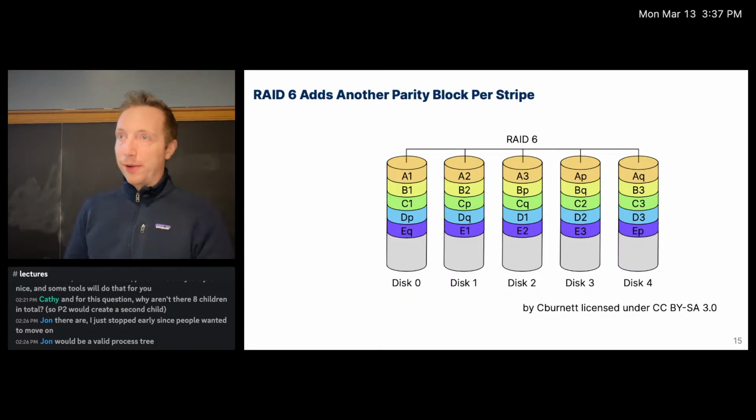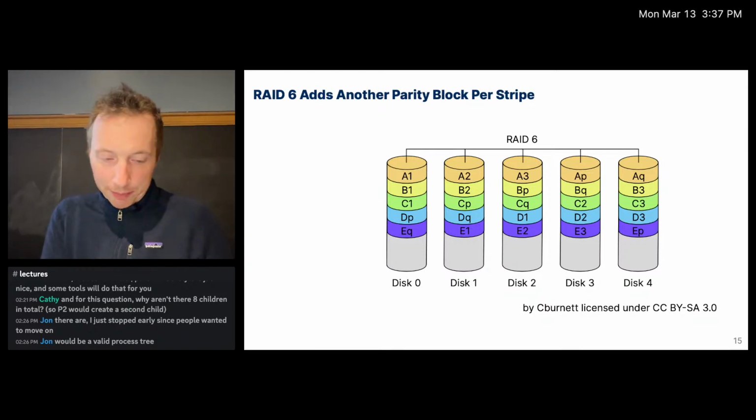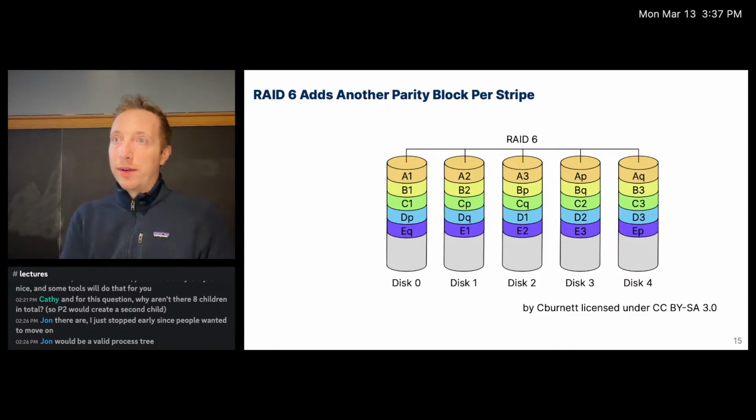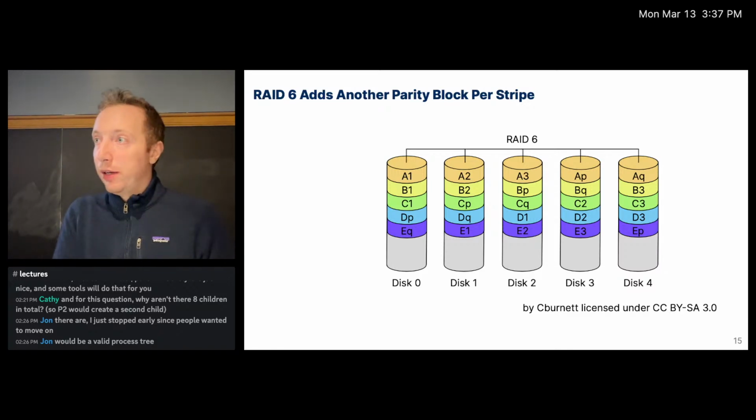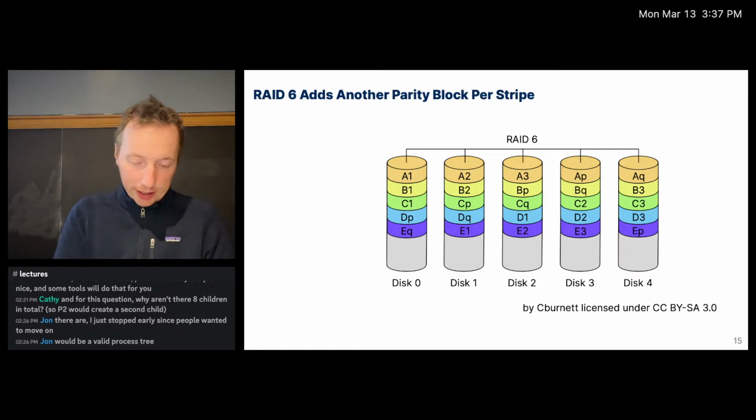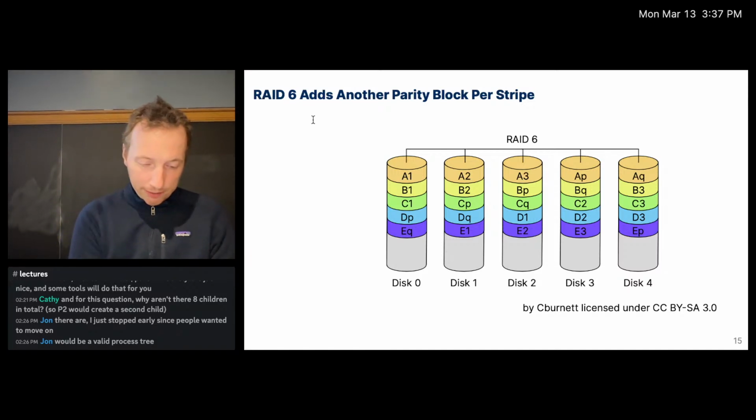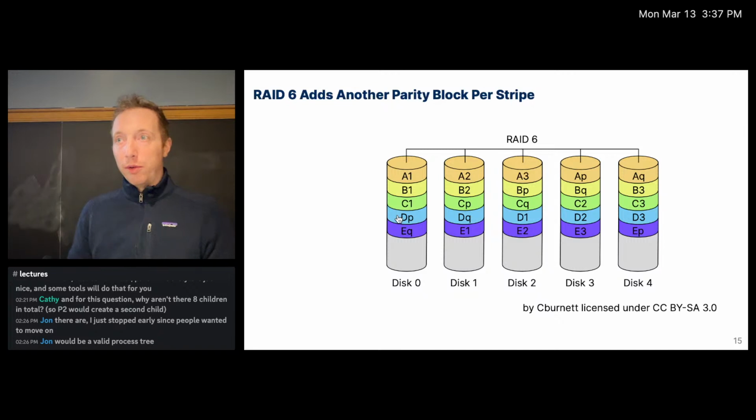All right, so RAID 6 is the same thing, except it adds another parity calculation. So instead of just a single parity, there are 2 sources of parity. So we now have P, which is our normal parity information, and also a Q, which is another parity calculation. So we have 2 calculations now, or 2 equations.